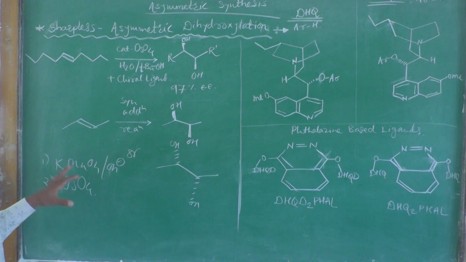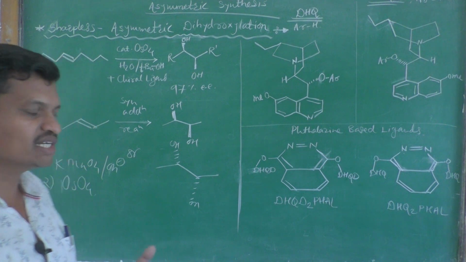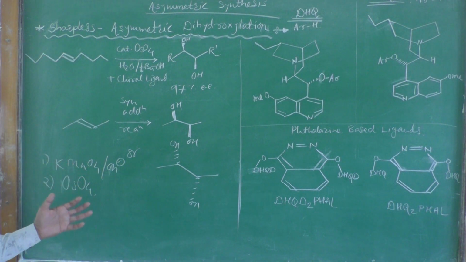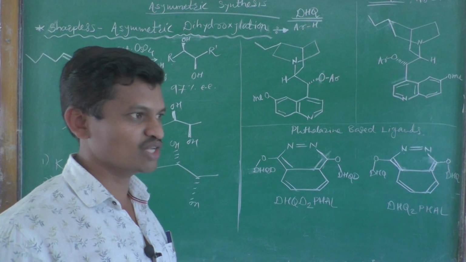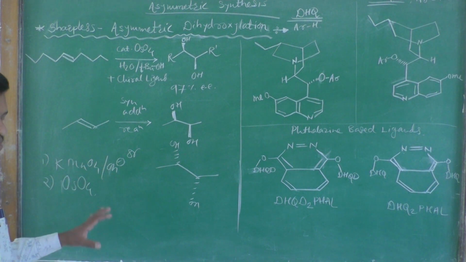But as we know, KMnO4 is a very strong oxidizing reagent, so it has some limitations, and osmium tetroxide is volatile and toxic in nature, so these two reagents have some limitations.